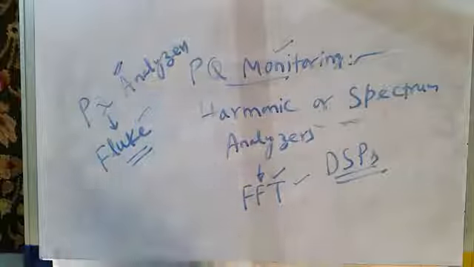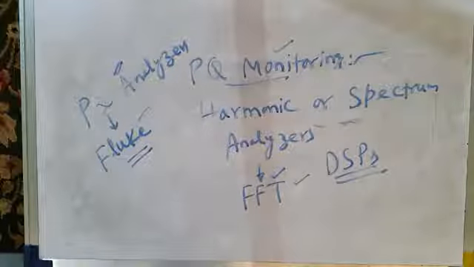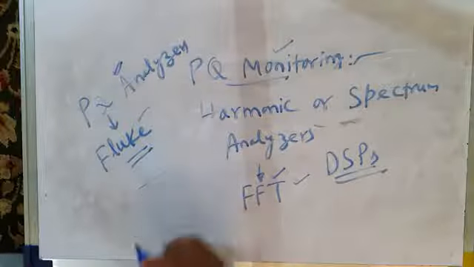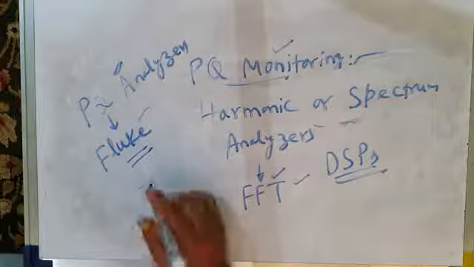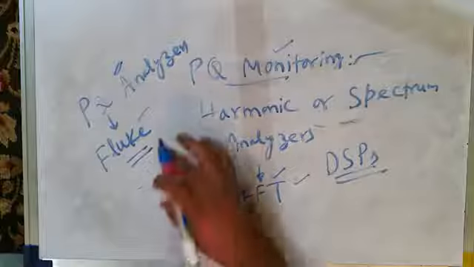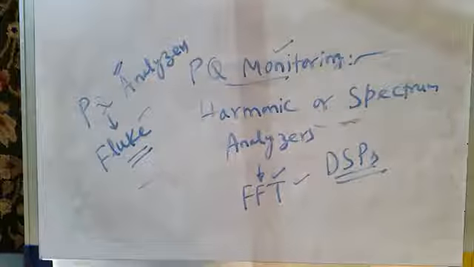These power quality analyzers take the data in real time and analyze it. If there is a voltage sag, they will give you exactly the time, the duration of the voltage sag, and the sag amplitude also. Similarly, swell amplitude, flicker, harmonics, THD of the voltage, THD of the current, everything can be monitored there.